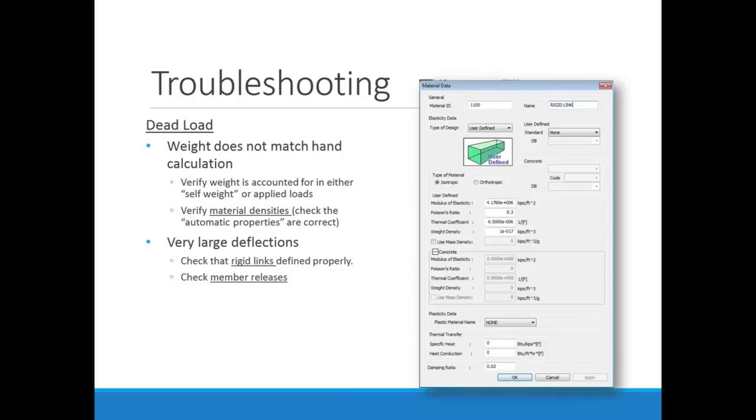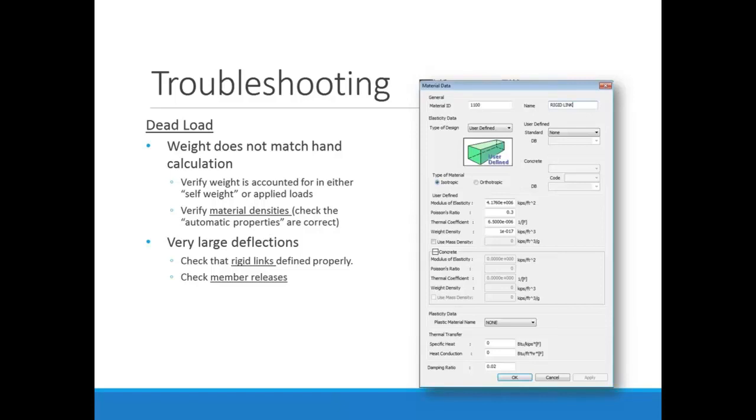Just with debugging, like I said, even the most meticulously set up model, you can have issues where you're not getting results that look quite right. So I'll run through a couple cases similar to what we just did and break it out by loading type. Looking at dead loads, you might have a situation where your weight doesn't match your hand calculations.